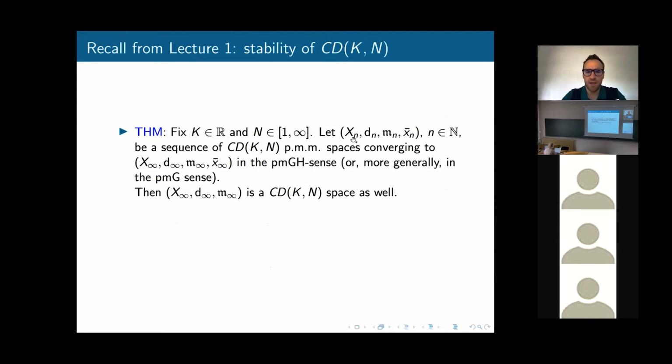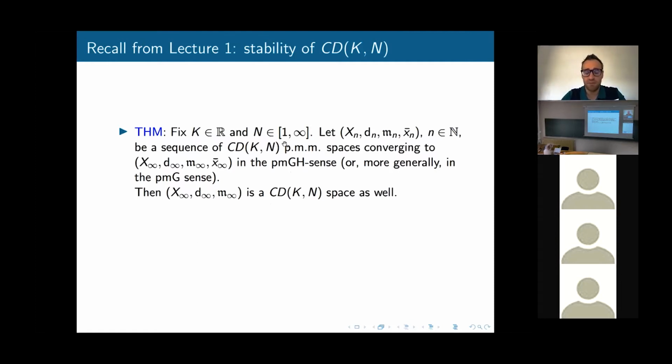Let's consider a sequence of pointed metric measure spaces (X_n,d_n,m_n) with the reference point x̄_n, and assume that they satisfy the CD(K,N) condition for such fixed parameters, and they are converging to a limit space X_infinity, in the pointed measure Gromov-Hausdorff sense, or more generally, as we've seen yesterday, pointed measure Gromov convergence. Then the limit space X_infinity is CD(K,N) as well. And this is true for N finite or for N infinite.